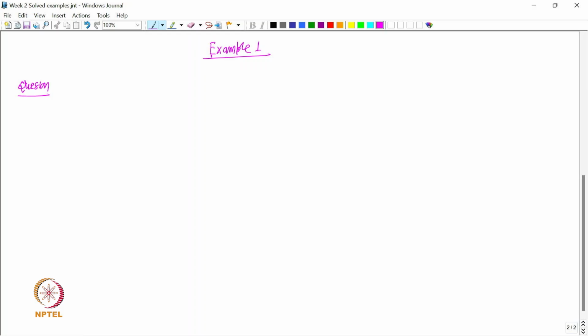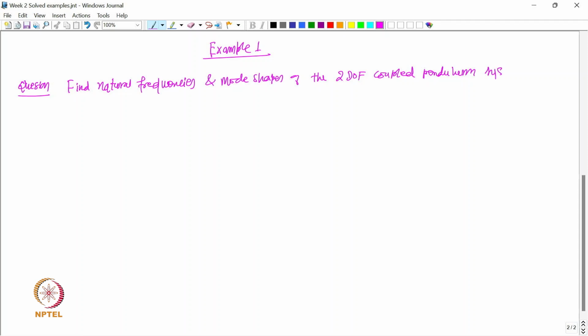Let me write the question first. Find natural frequencies and mode shapes of the 2 degree of freedom coupled pendulum system shown in the figure below.